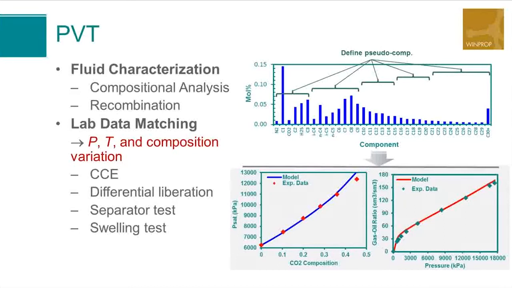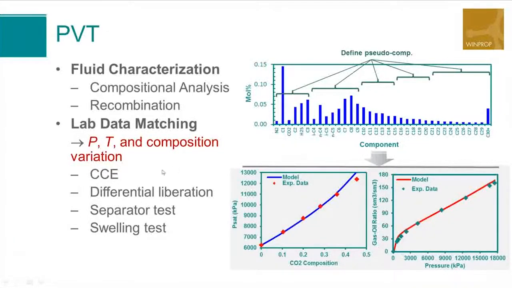The PVT is the main part of any reservoir model. In WinProp, you can characterize the reservoir fluid based on compositional analysis. You define the components, you can lump them, and you can come up with the minimum number of components for the reservoir fluid. Then you take this model and tune the equation of state to match the lab data.